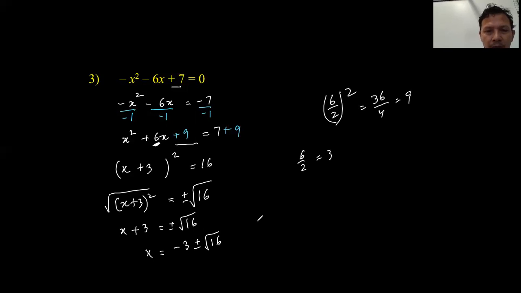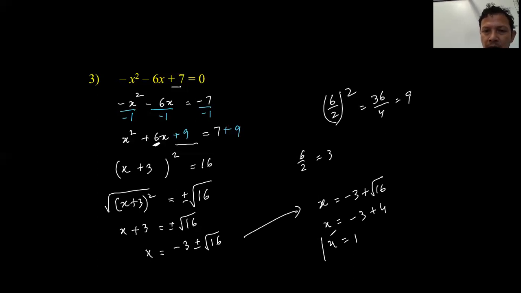Now you can split this into 2 because it can be a positive or negative root. So here we go. x equals negative 3 plus root 16. And we all know that very well. Minus 3 plus root 16 is 4. So x equals 1. Minus 3 plus 4 is 1.